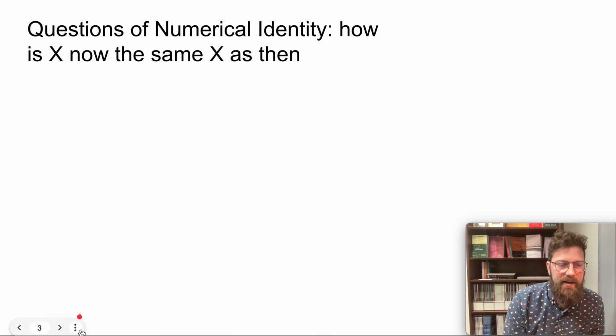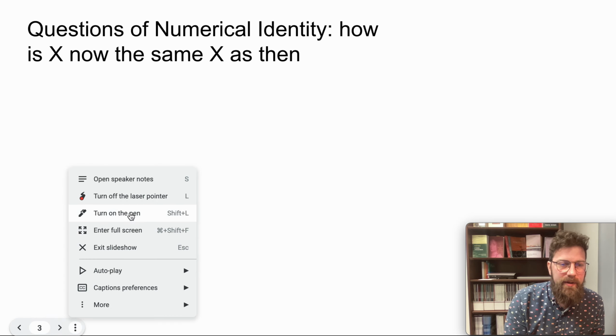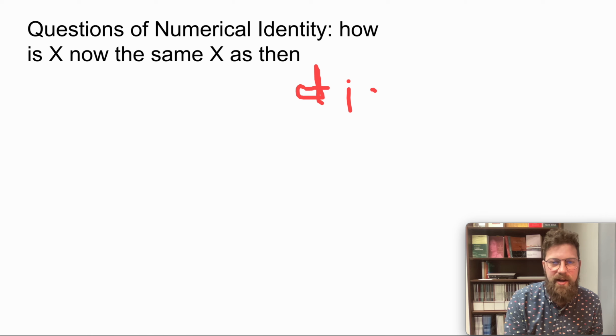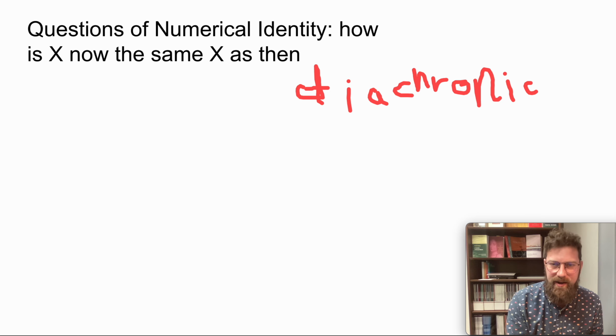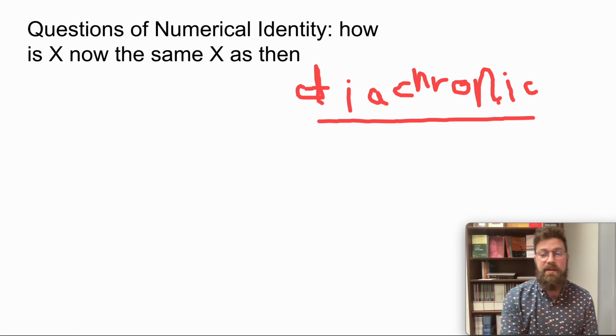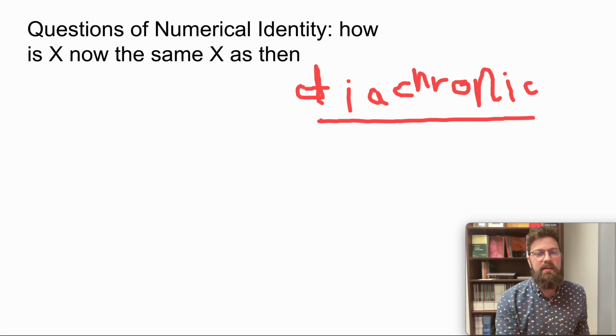So sometimes when we talk about numerical identity, we can even get more specific and talk about what we might call, that's a D, diachronic. Forgive my poor writing here. So we're talking about diachronic identity, right? So when we talk about numerical identity in the diachronic sense, we're talking about being one and the same thing over time.